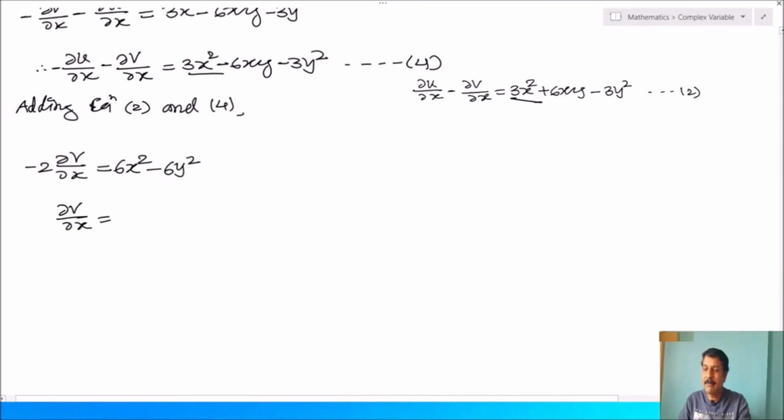If we divide by minus 2, I am getting ∂v/∂x equal to minus 3x² plus 3y². This is equation number 5.